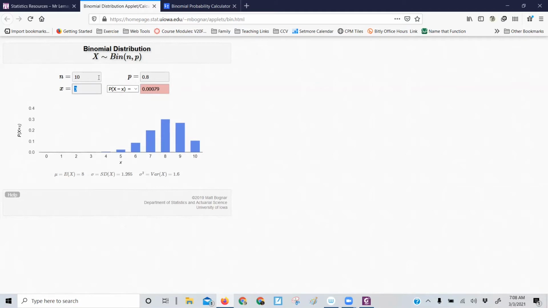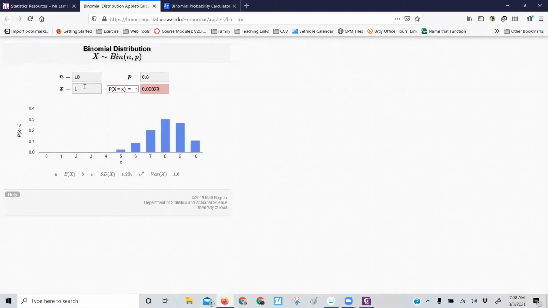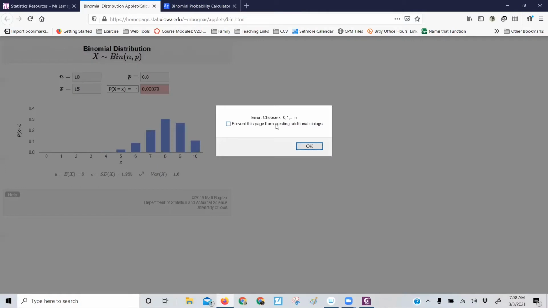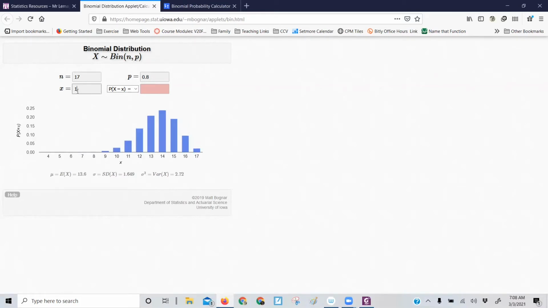Says X is 15, N is 17. Whoops. X is 15, N is, it's going to make me change N first. So N is 17, X is 15, probability is still 0.8, and see that's that bar. That's one thing I like about this histogram.